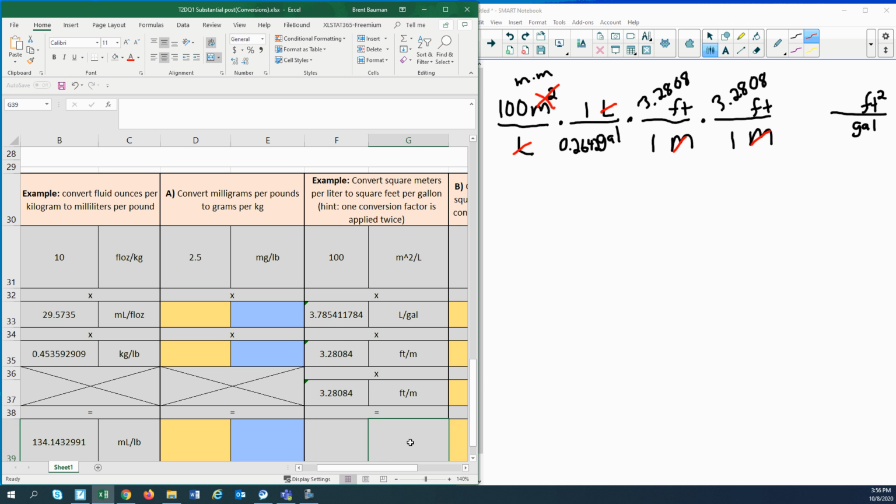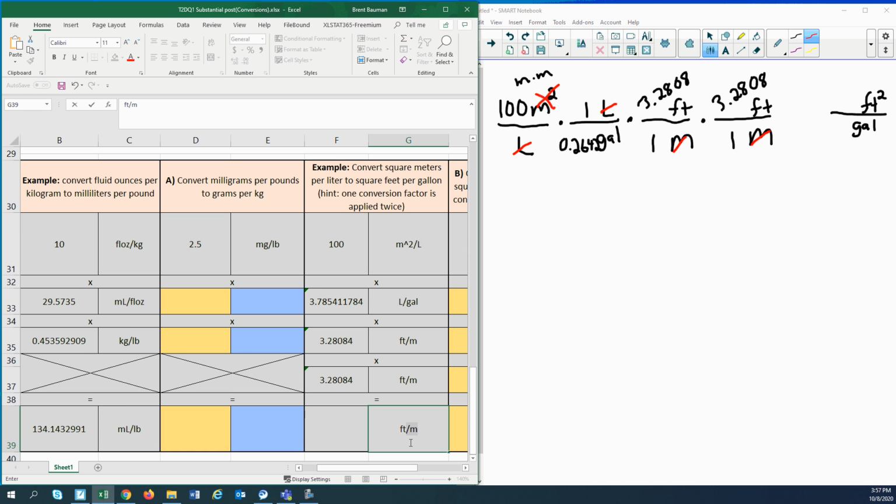So we have what we've written down here onto our Excel document. And we know the final answer should be feet squared divided by gallons. And to get that solution, we're going to multiply the values that we have. So just use cell reference.